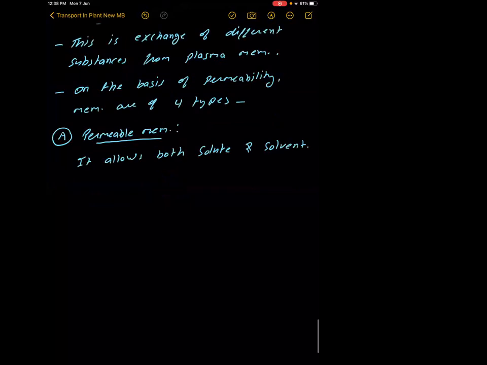So it is permeable. Example is the cellulose cell wall.